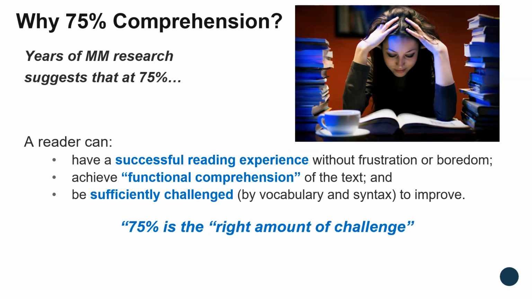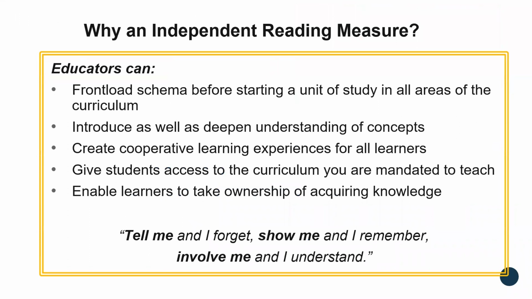And also being faced with sentence structure that they may not be 100% comfortable with, but that is a comfort zone that enables them to become used to facing text at that level. So that 75% is the right amount of challenge.